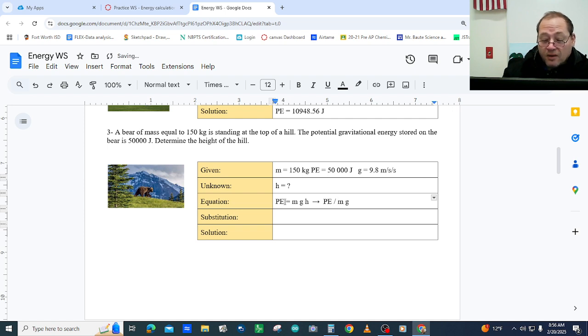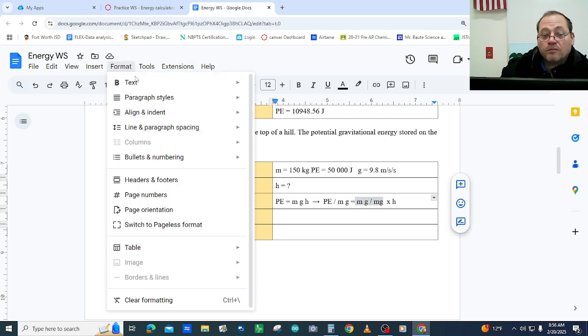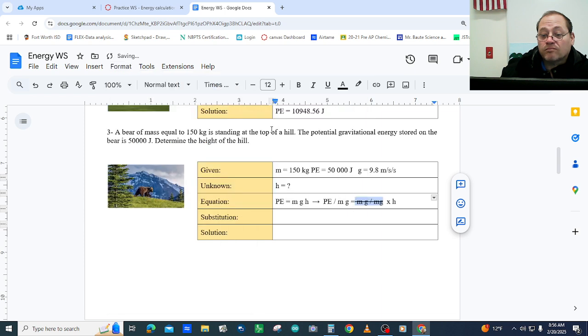It's going to be better this way, right? And then you're going to get mass times gravity divided by mass times gravity times h. And you can see that these cancel, they simplify, right? So the height h is equal to the potential energy divided by the mass and multiplying the gravity. So you can rewrite the equation here as PE divided by mg.